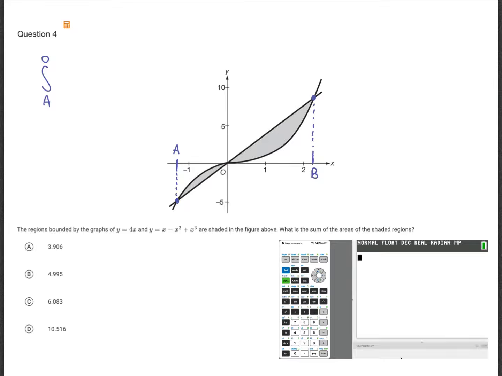Okay, so the top function in this case is the curved one. It'll be x squared, x cubed, and then we'll minus the 4x from that.